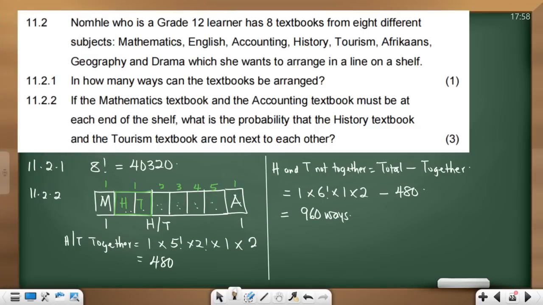But what is the examiner saying? Probability. So we now look for probability, which will be 960 over the entire total, the sample space.